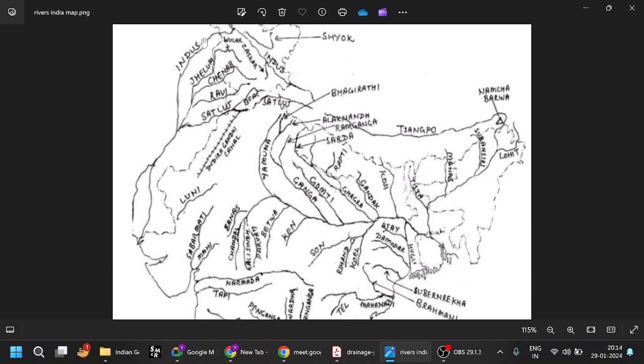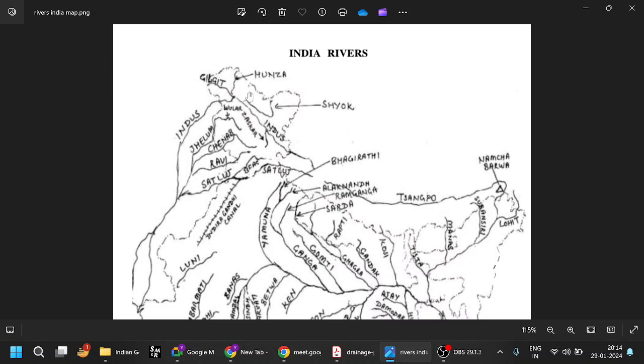Here the western syntaxial bend is Nanga Parbat, and here you have the Pamir North. From the Pamir North, you have several branches. Here you have the Hindu Kush Mountains, Kunlun Shan Mountains, Zanskar Range, Pir Panjal, which we have seen in Indian geography.